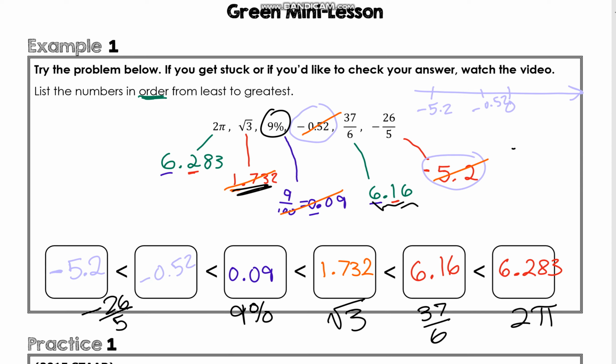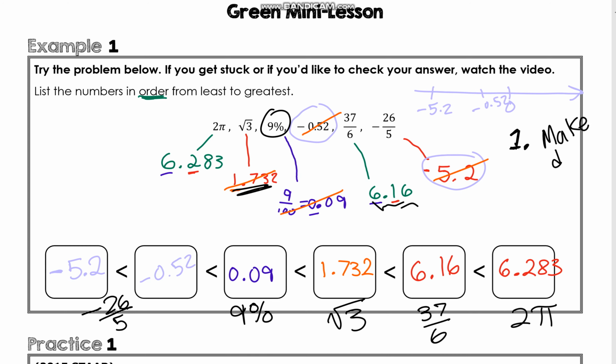So what were our steps? Our steps were to go to the negatives first, because that's obviously the least. Then, if any weren't decimals, turn them into decimals, mostly by dividing.